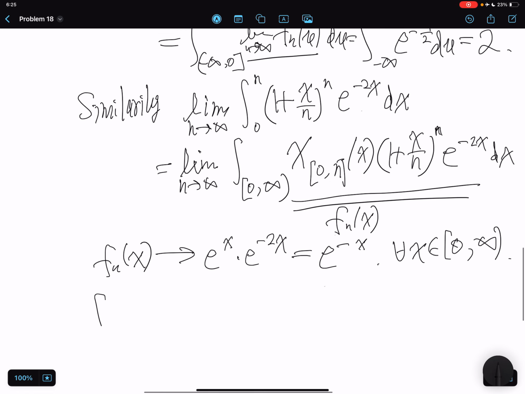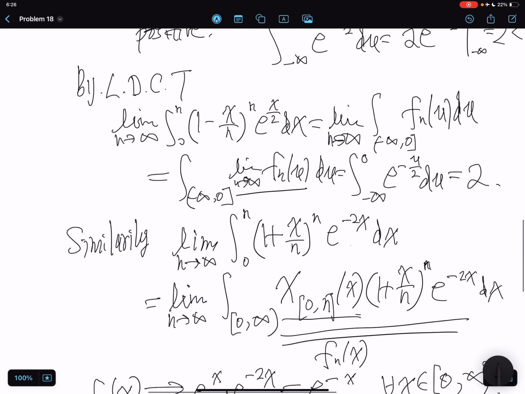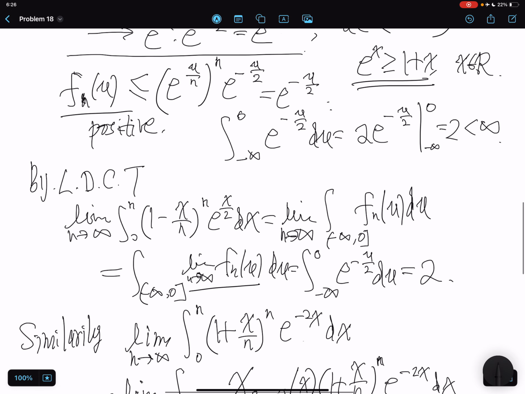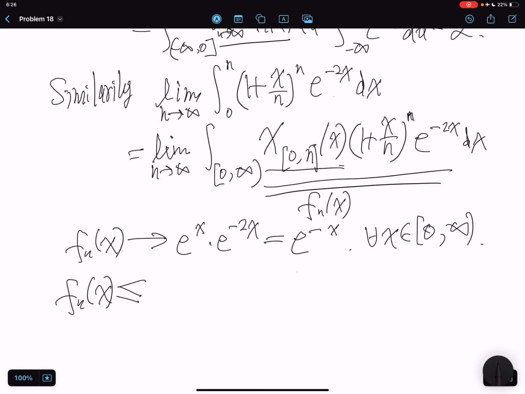And then f_n of x is bounded, for any n, right? This is at most 1, and then we use the same inequality, e^x is greater than or equal to 1 plus x. This is less than (e^(x/n))^n times e^(-2x), which is e^(-x). So it's bounded by this.